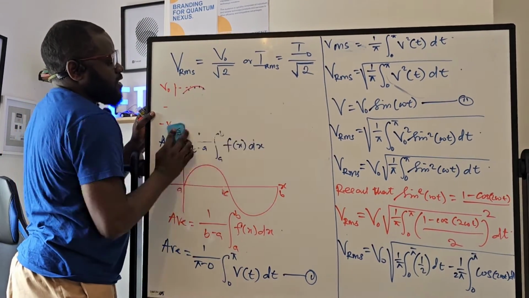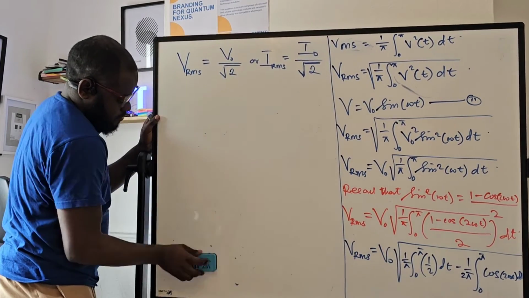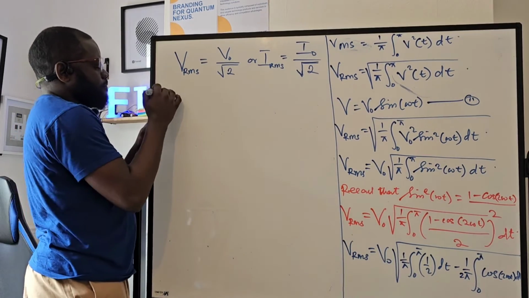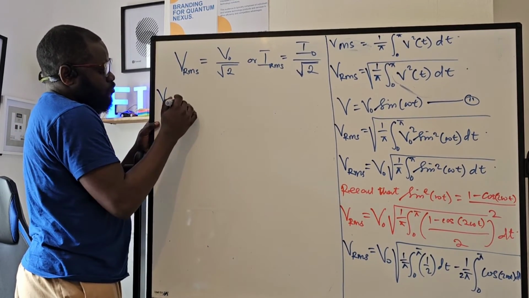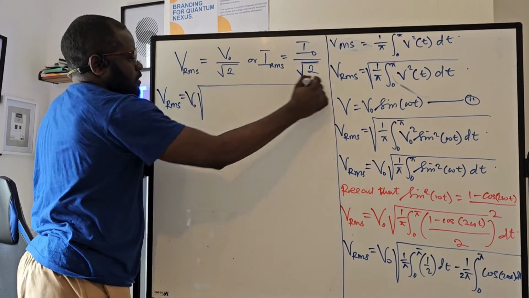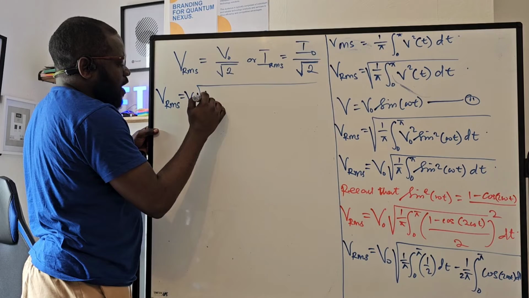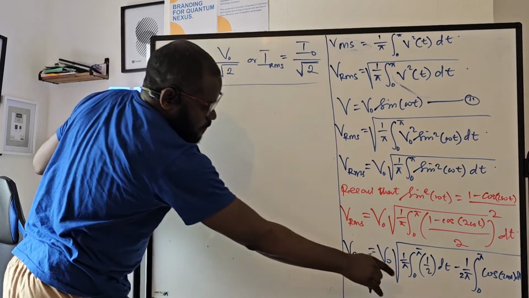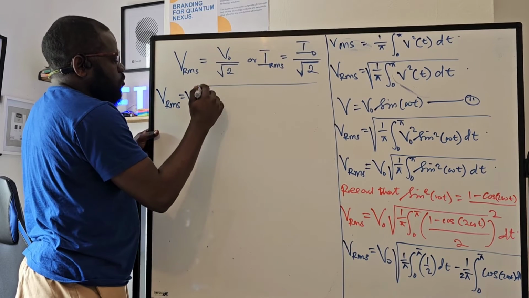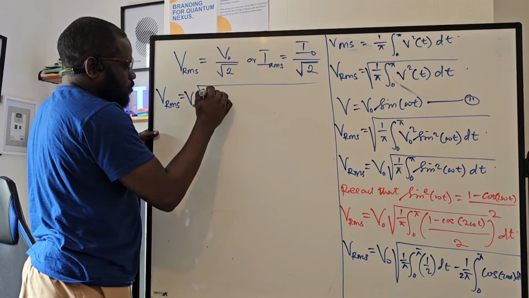So permit me to clean this. All right. So we have that the root mean square voltage is equal to V naught, the square root of, this now will be 1 over pi. If you integrate 1 over 2, that will give us t over 2. So let me just put it like this so that it will be easy for me to simplify.